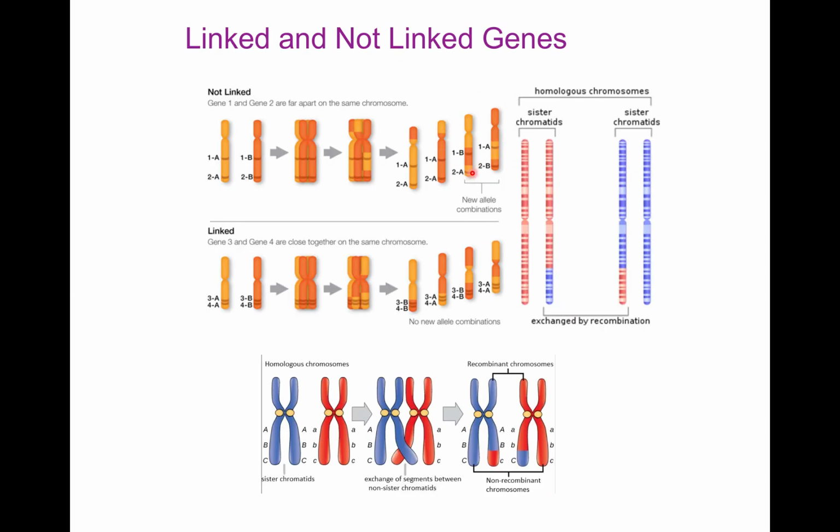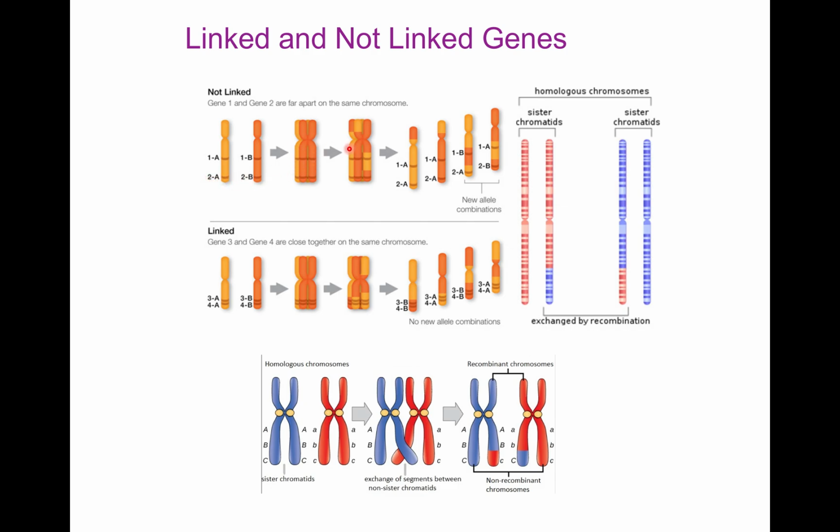This is the diagram which is showing linked and not linked genes. This is not linked genes: gene 1 and gene 2. They are far apart on the same chromosome. 1A and 1B are allelic forms of gene 1, and 2A and 2B are allelic forms of gene 2.